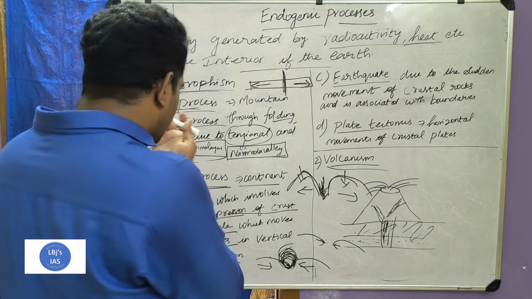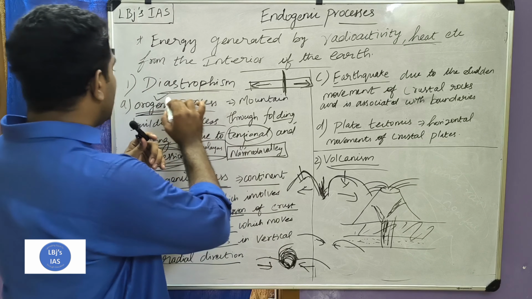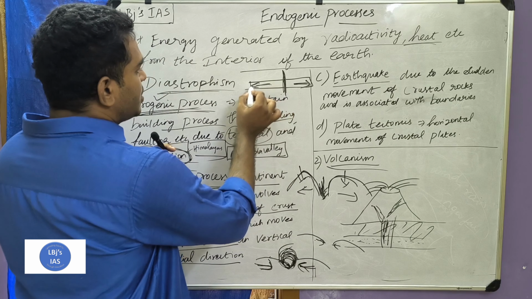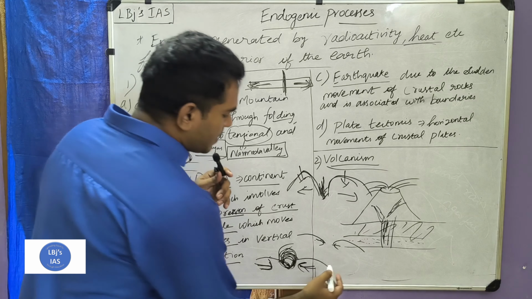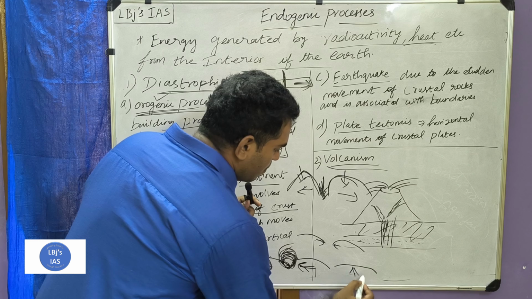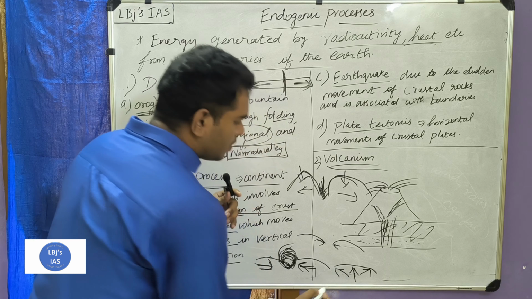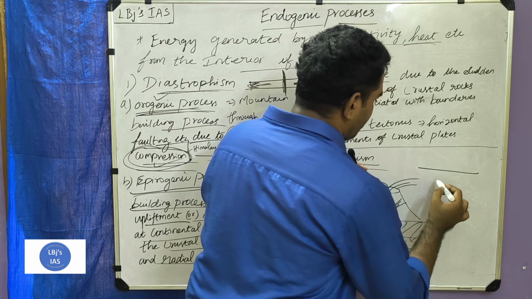In an orogenic process, either the two plates compress each other or a tension will be created. In an epirogenic process, the crust moves above or in a radial direction. Take for example, this is a landform.